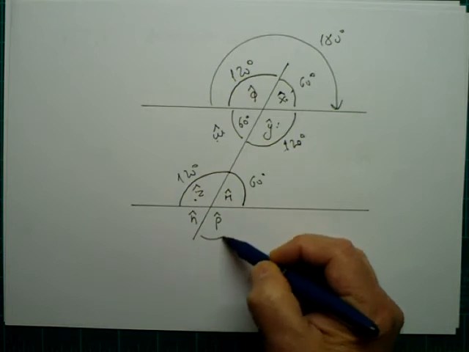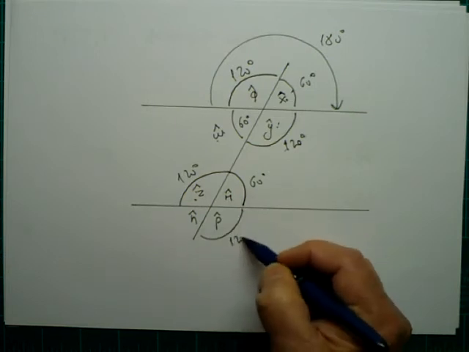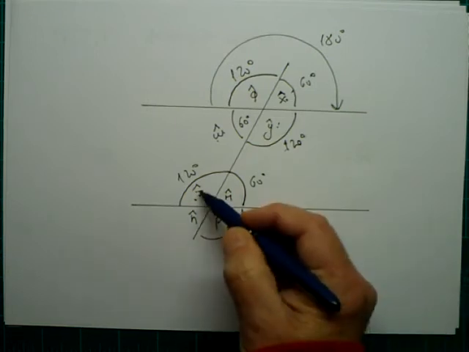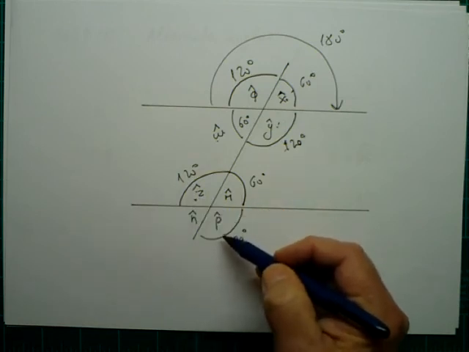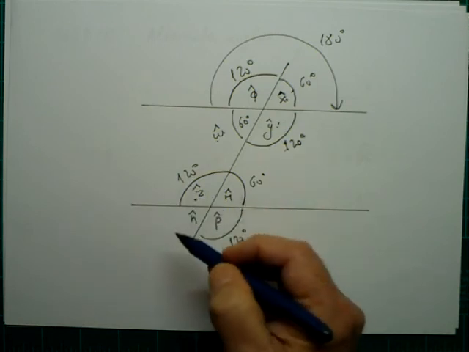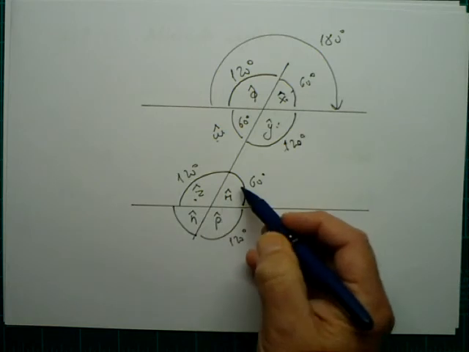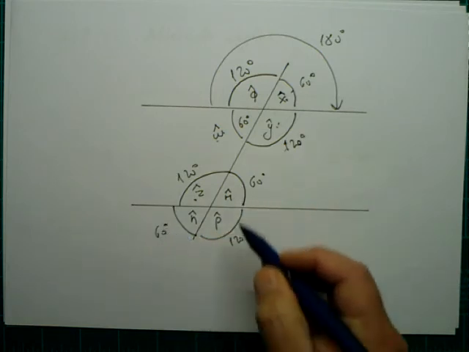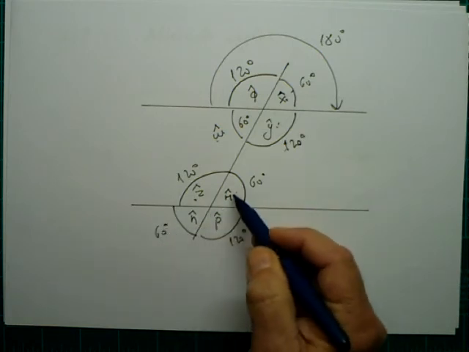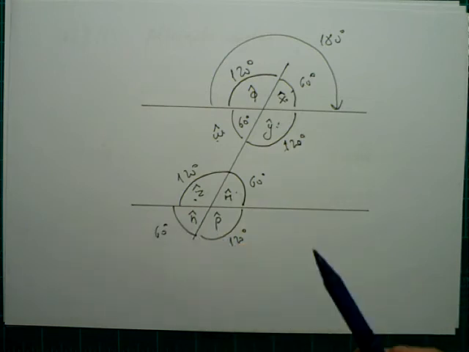The angle p here is 120 because these two angles are opposite. And the angle n here is also 60 because these two angles m and n are opposite.